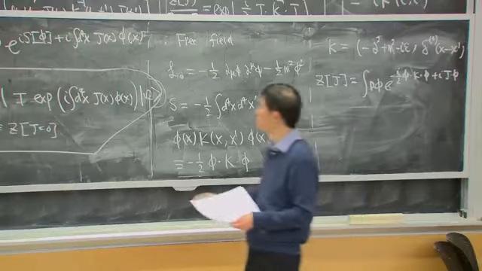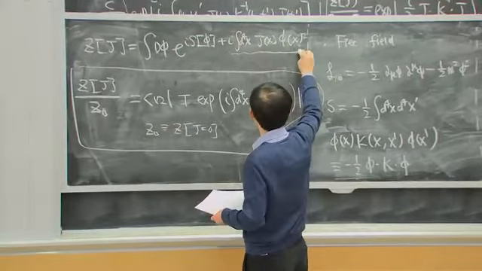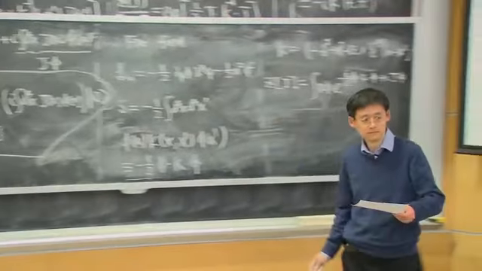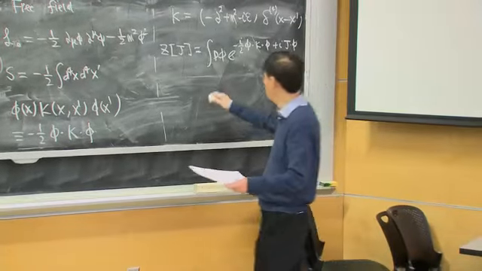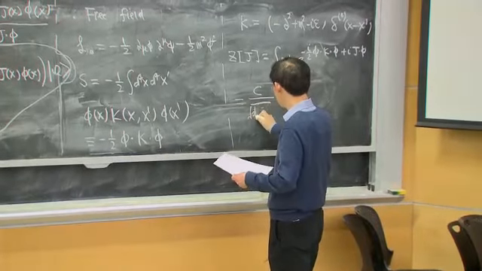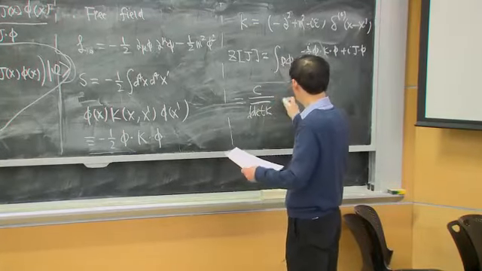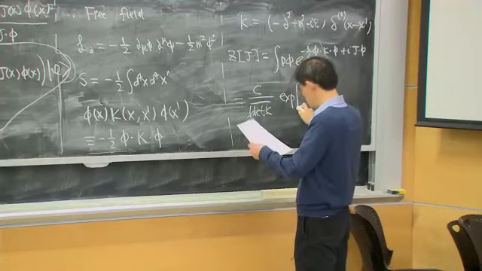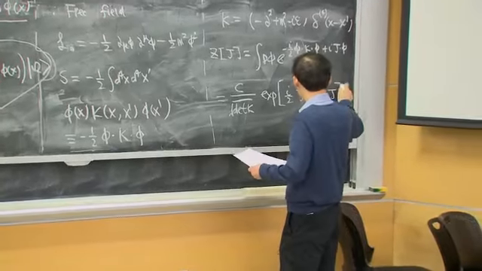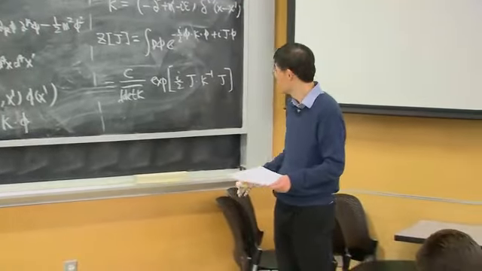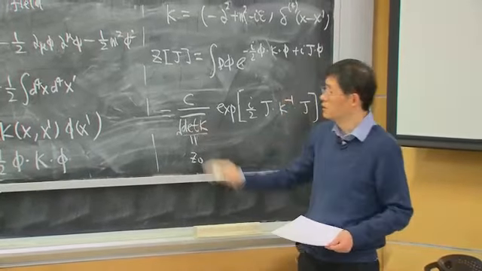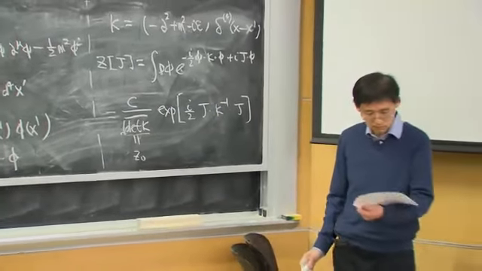We can again write this in the simplified notation as i J·φ. And then you get some other constant, again you get the determinant of K, and then you get the exponential of i/2 J K⁻¹ J. So everything is exactly the same. And then this is the same as Z_0, this part, and again they cancel.